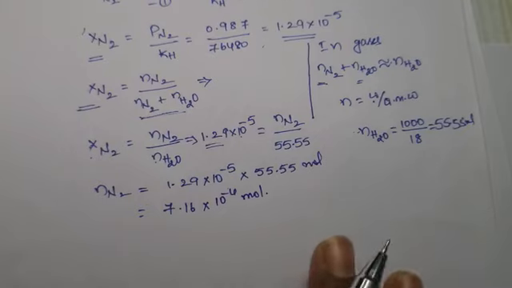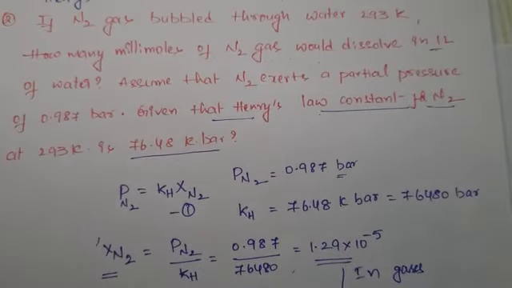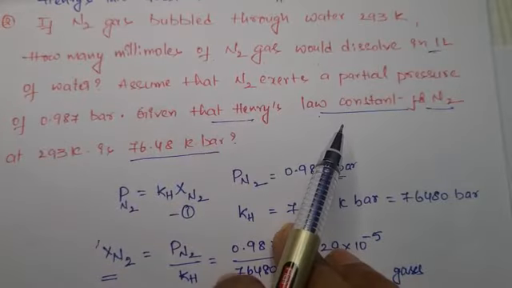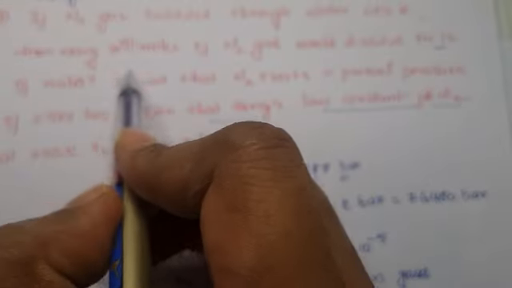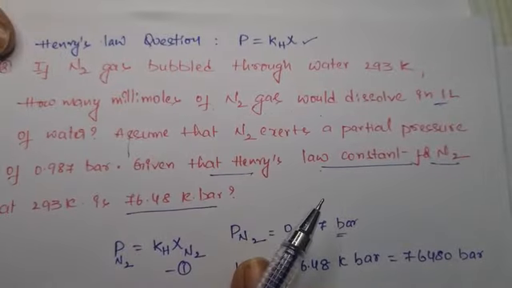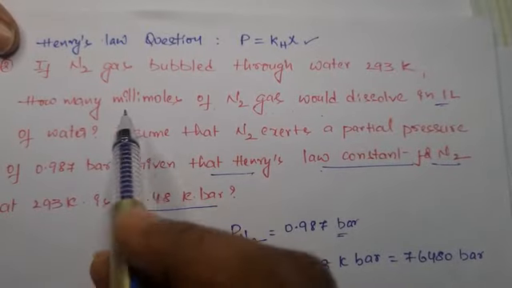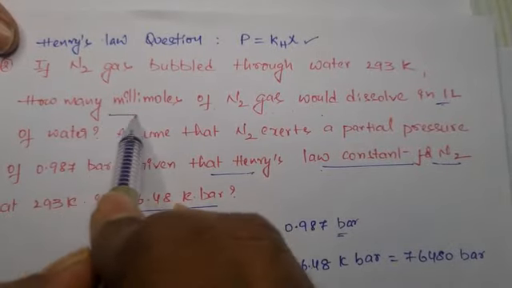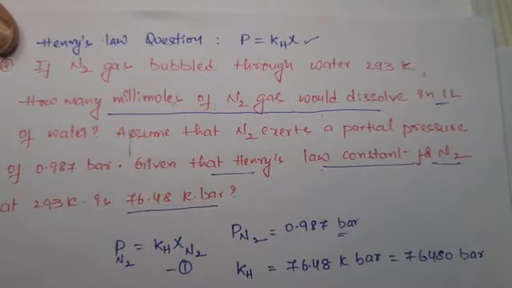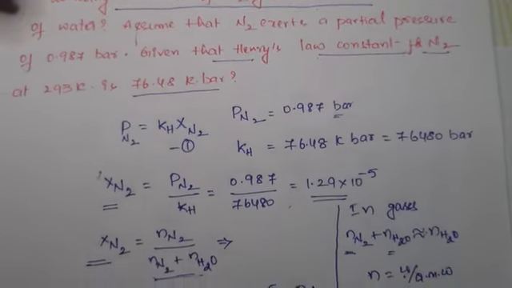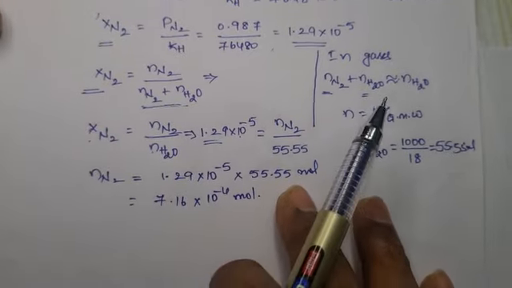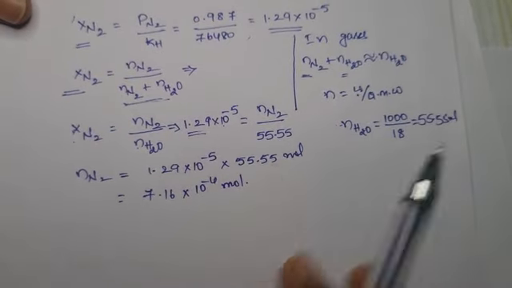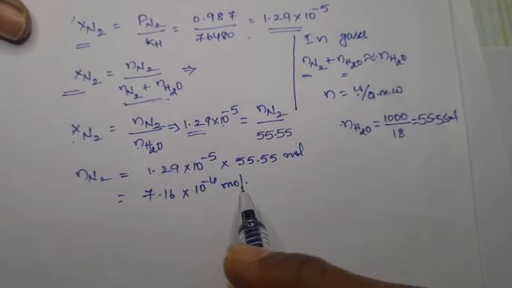But in the question they asked how many millimoles of nitrogen gas would dissolve. So they asked in millimoles, and that's why this number of moles needs to be converted to millimoles.